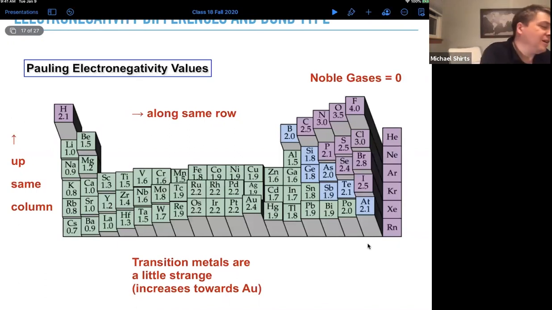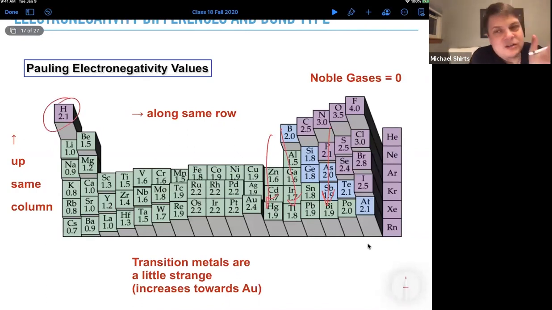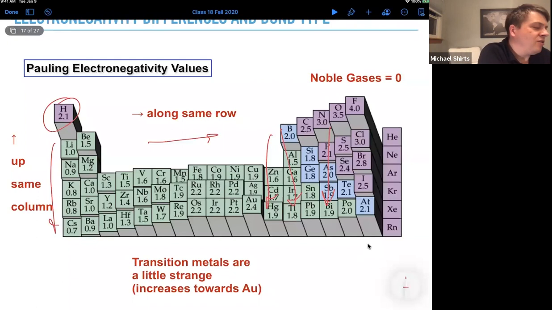Okay, so electronegativity goes down as you go down the periodic table. The nonmetals tend to be more electronegative. Hydrogen is a weird character there, as it usually is, because it only has one electron and one proton. So electronegativity goes down in the same column, and along the same row, it generally goes up, although the transition metals are weird, as they usually are.